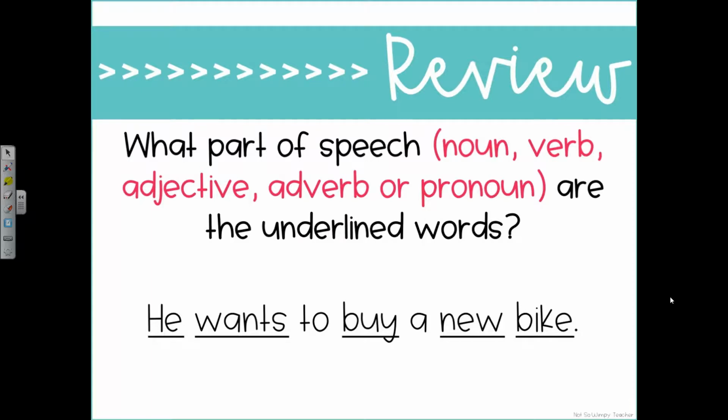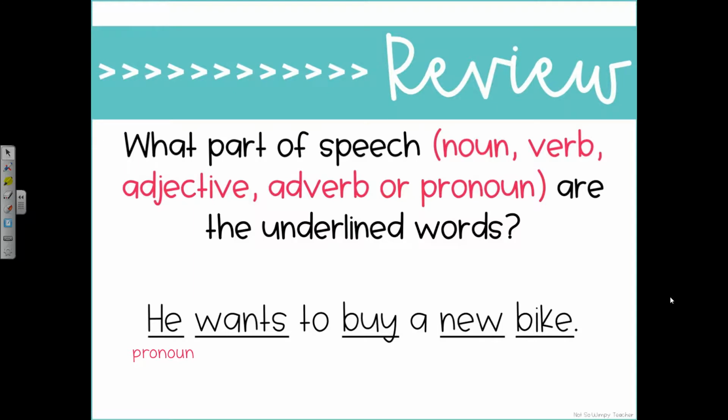Let's look at an example of a sentence and decide what part of speech are the underlined words. He wants to buy a new bike. Our first underlined word here is he. He takes the place of someone's name. So he would be, what do you think? A noun, verb, adjective, adverb, or pronoun? Since it takes the place of a noun, you're right, it's a pronoun. Now, he wants. That's what he does.